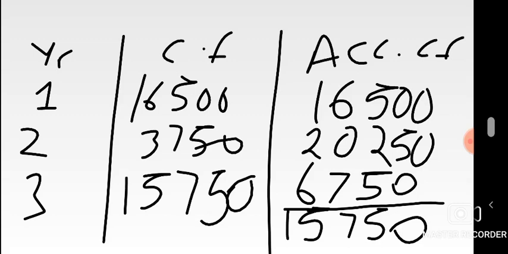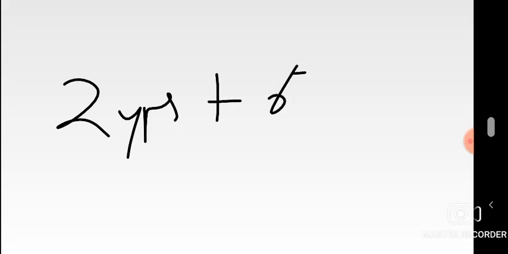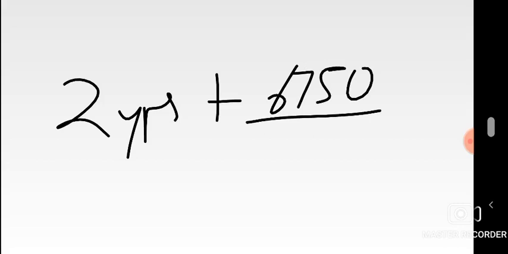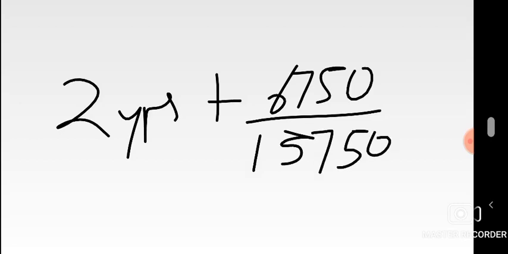So far it has shown us that when we're on 2 years, we reached that 20,000. So we get to realize that's 2 years, which gave us that 20,250. Plus there was a remainder of 6,750, which we did not yet know exactly which time period it's dropping in, but that's why we said take it as a fraction of the figure that we got it from, which was the next cash flow of 15.